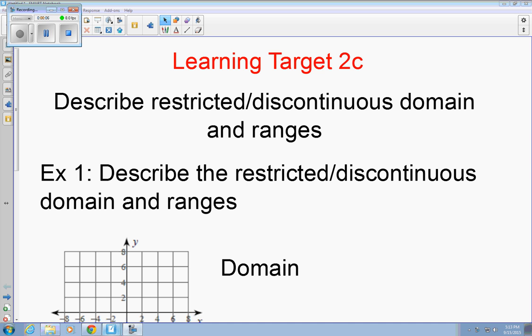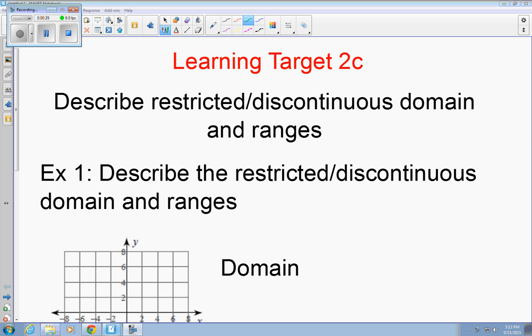Today you will be learning about restricted/discontinuous domains and ranges. In 2B, you were learning about continuous domains and ranges. So on both sides there would be arrows that go on and on forever, and there's no break in the graph. Well, here we're going to have discontinuous parts of the graph.